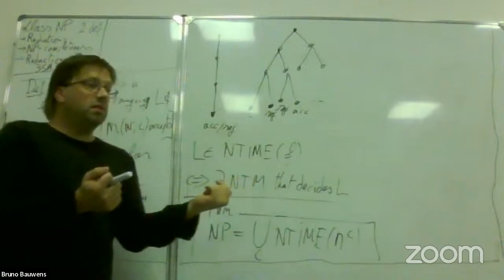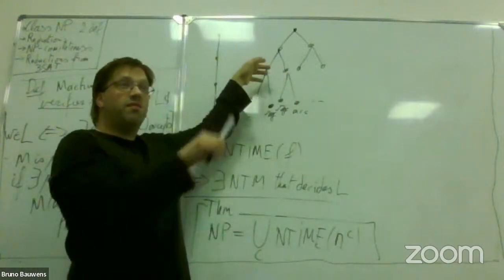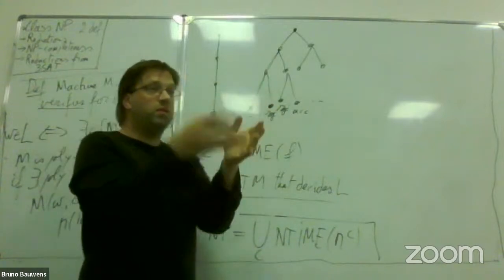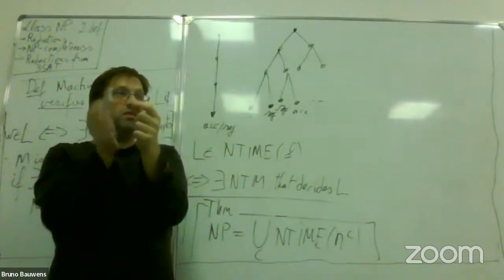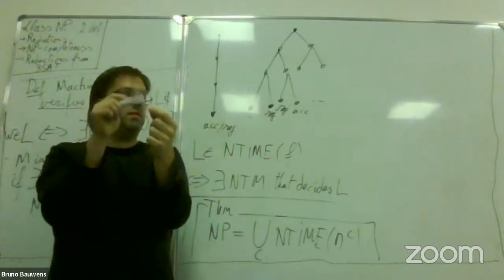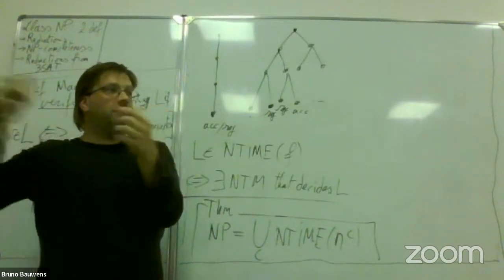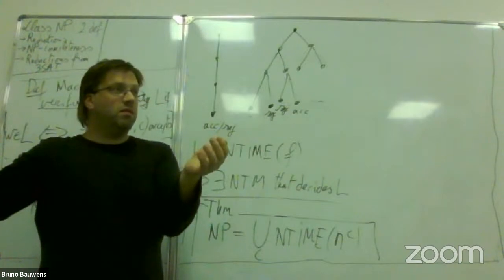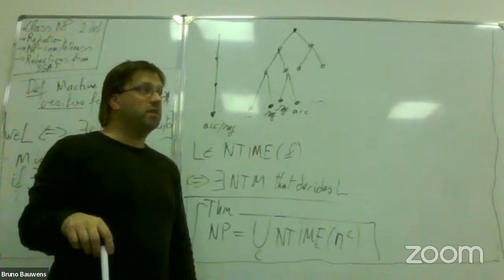So the plan is to let the non-deterministic machine guess this vector. It will go to some place in the memory and then use the two tables to write either zeros or ones. One table will write one, one will write zero, and then it goes for a certain amount of time to the right, and it guesses all the numbers. And then it checks that all inequalities are satisfied.